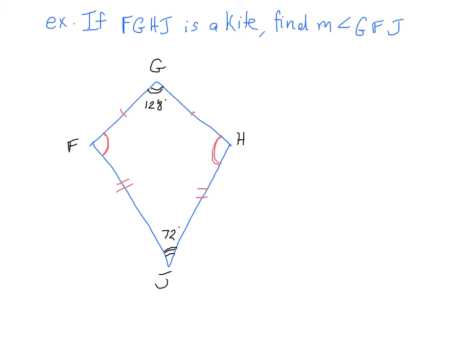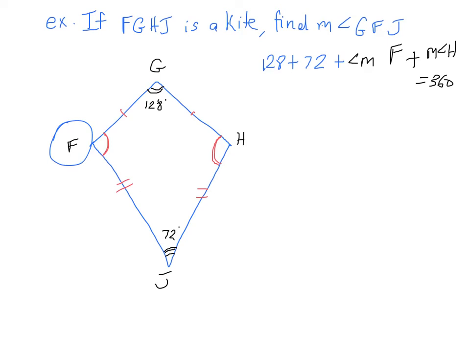Now, since it is a quadrilateral, we know that the sum of the angles has to be 360 degrees. So if I take 128 and add it to 72 and add up this angle, I'm going to add the measure of angle F and the measure of angle H. All four angles added up together should give you 360.